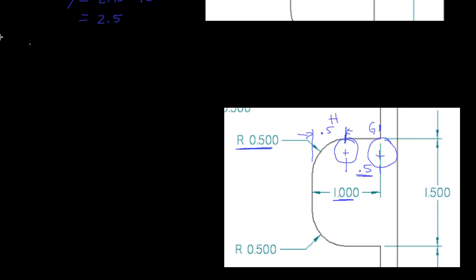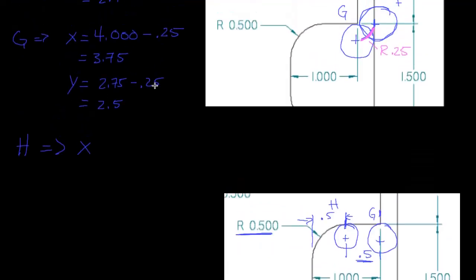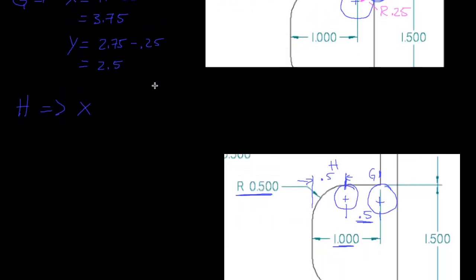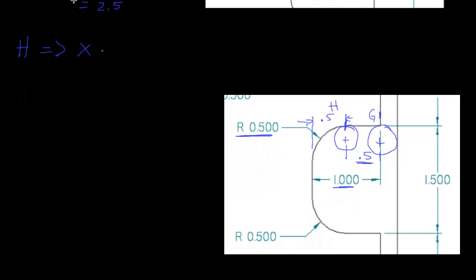So for point H, we know that the x direction at point G was 3.75 inches. But it's just moved back a half an inch. So it's now at 3.25 inches.